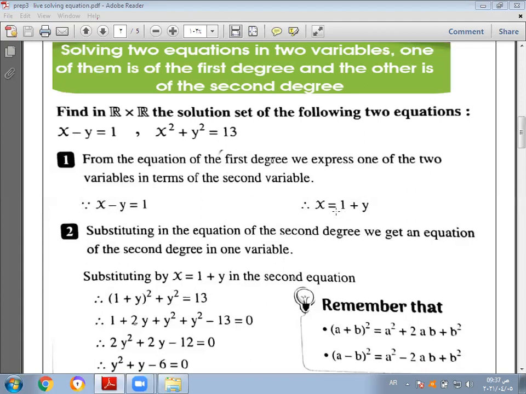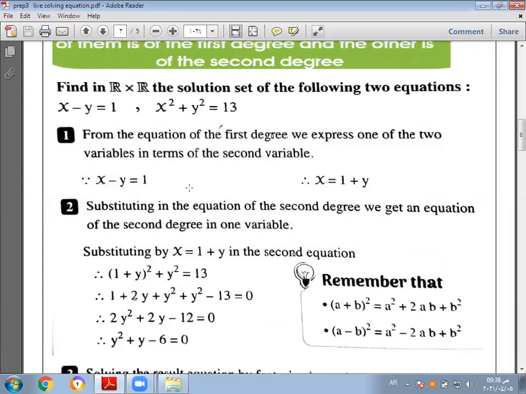Here x is 1 plus y. We use this expression by substituting it in the second-degree equation.